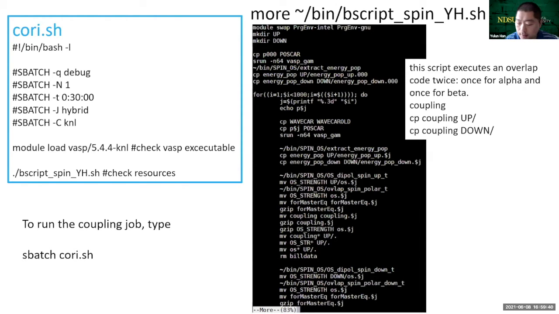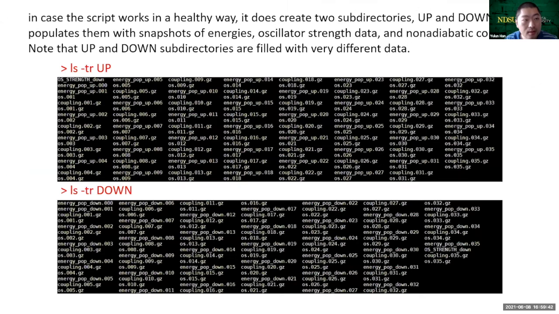Okay, so if everything is successful, we can find these files like coupling files, oscillator strength files, and energy path files. And we should remember up and down are different. So they have very different data.